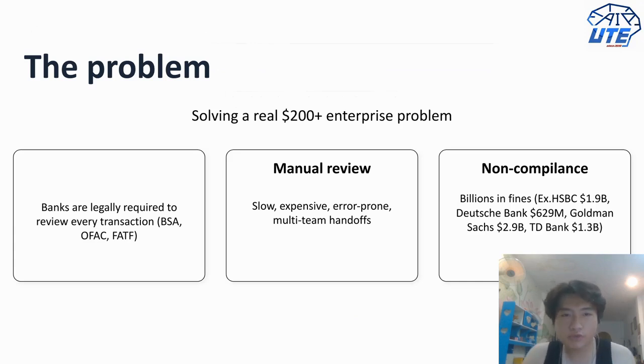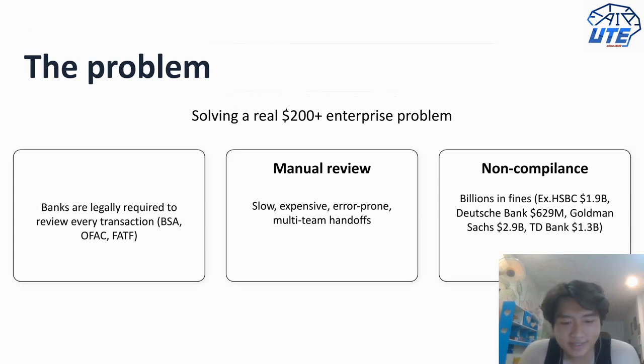We are trying to solve a real $200 billion enterprise problem. Banks are legally required to review every transaction. Every financial institution must review transactions against multiple regulatory frameworks like anti-money laundering, know your customer, sanction screening, and legal compliance.